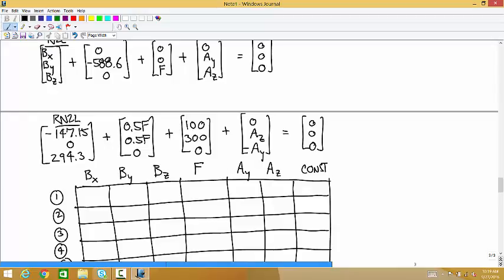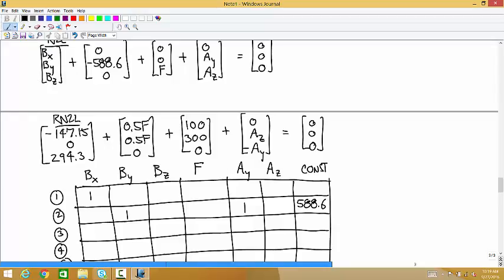Okay, so equation 1 says Bx's we have 1, everything else is zeros. Equation 2 says By's we have 1, AY's we have 1. And the constant has to be on the other side of the equation, so that's positive 588.6. Everything I'm not filling in is a 0.